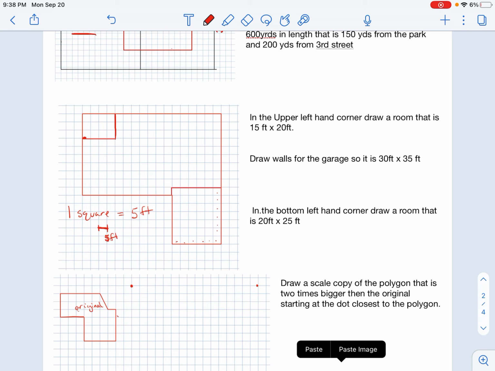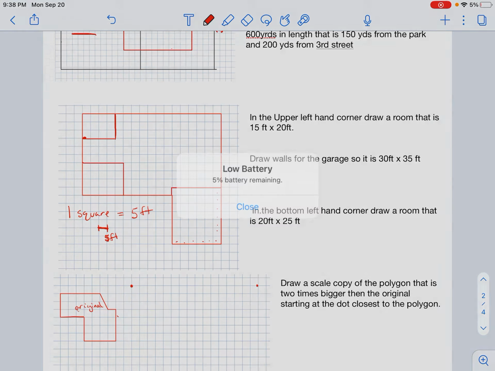Now the last part, it says in the bottom left corner, draw a room that is 20 feet by 25 feet. So bottom corner right here, 20 by 25, I'm going to go up 20 and then over 5 because 5 times 5 is 25. In there we have that 3rd room.